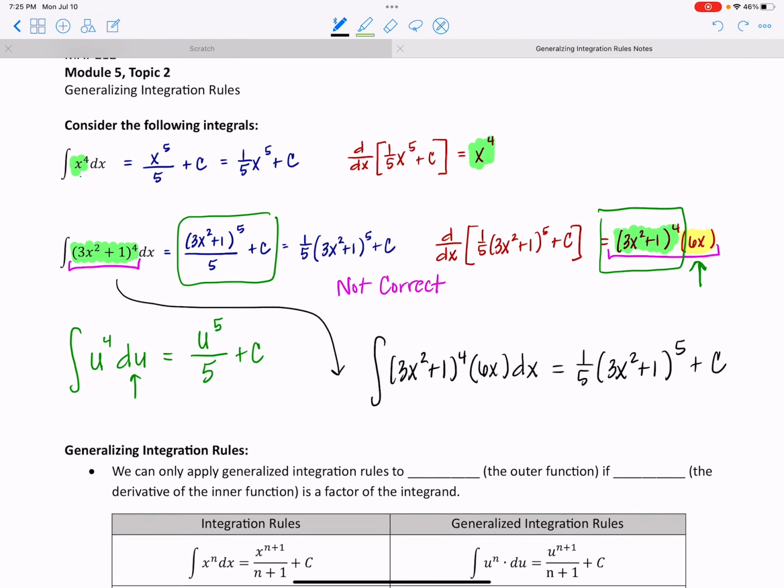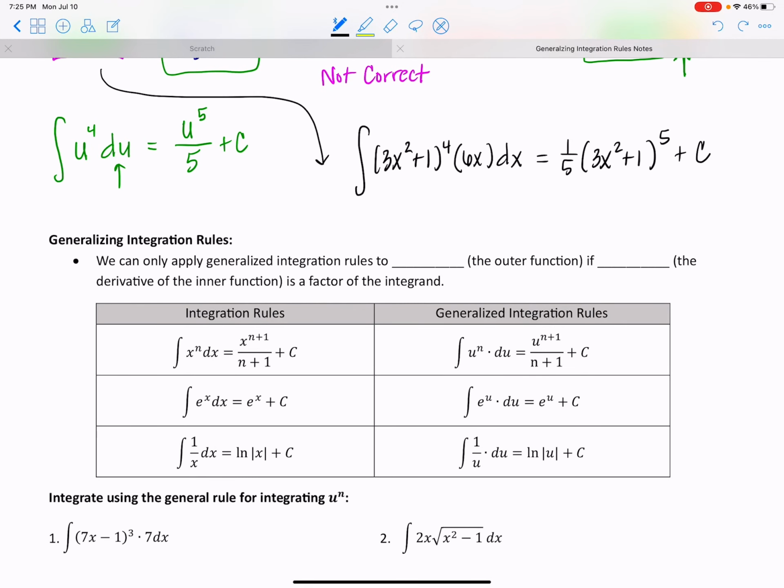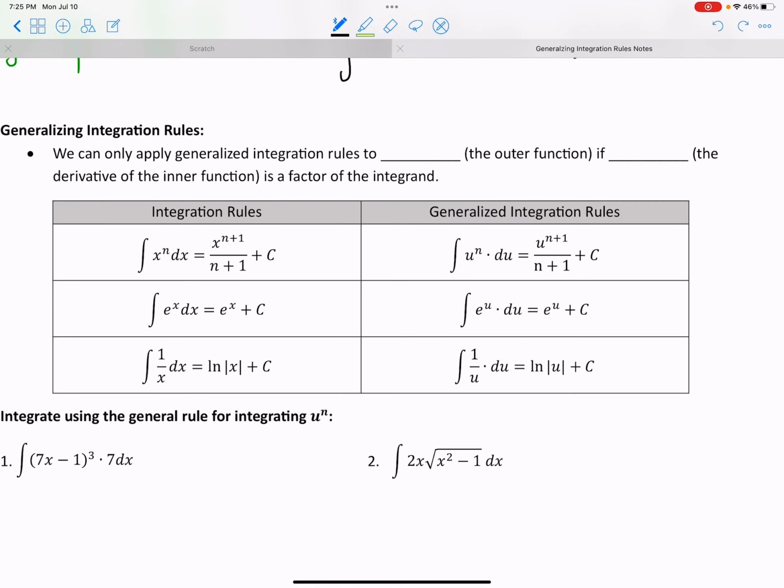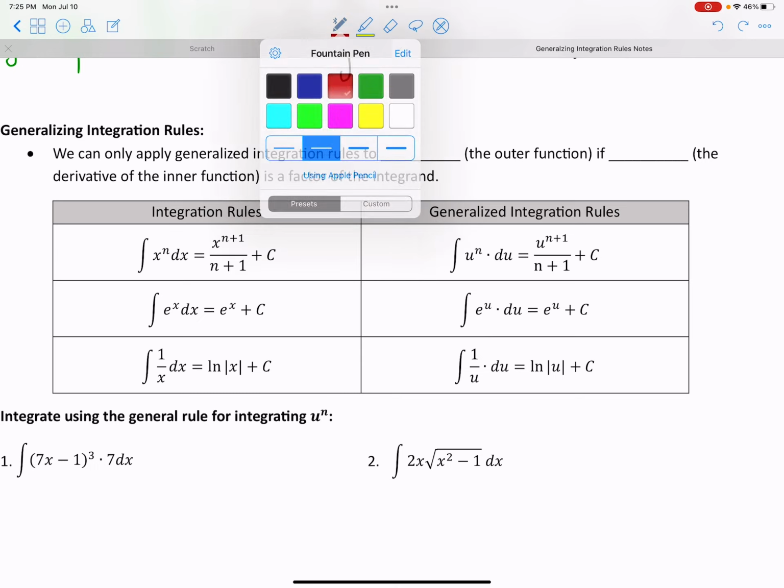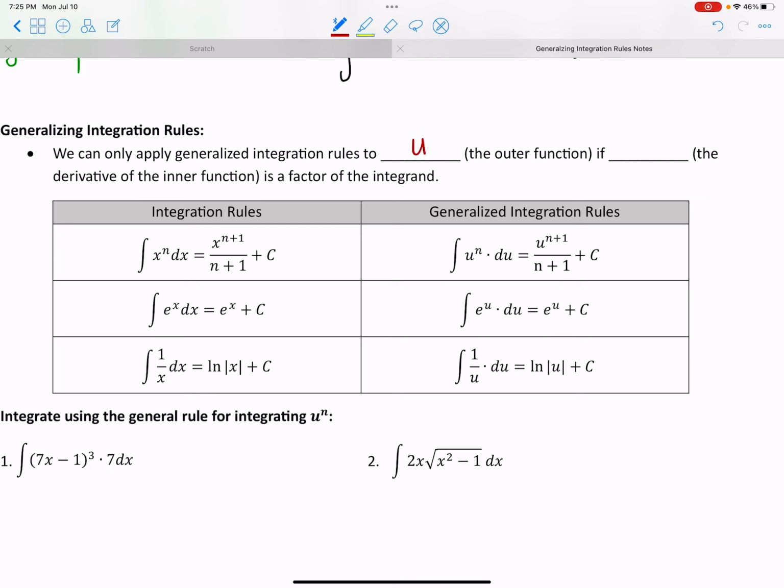Okay, so when we are generalizing our integration rules, we can only apply these generalized integration rules to, let's just say, u. So not x to the n, but u to the n. Not e to the x, but e to the u. Or not 1 over x, but 1 over u.